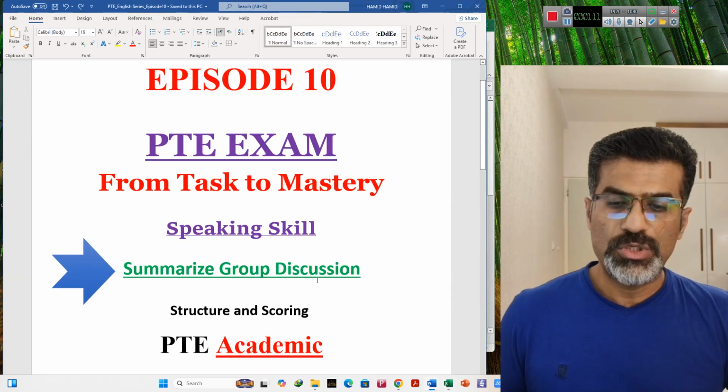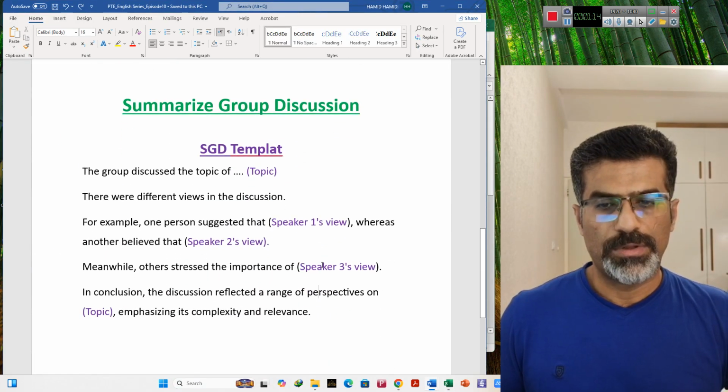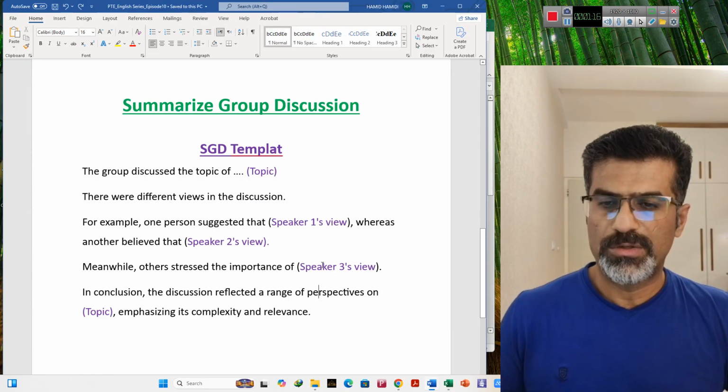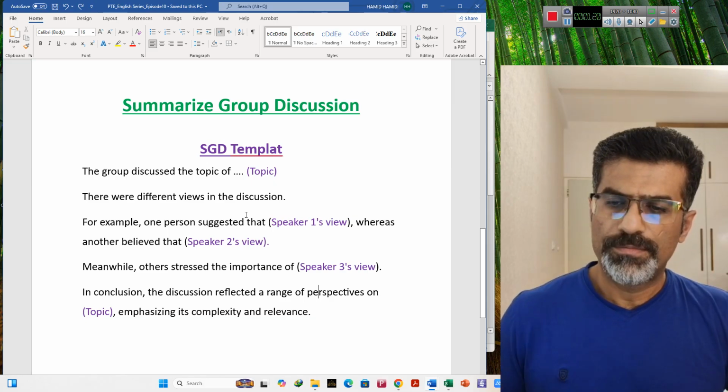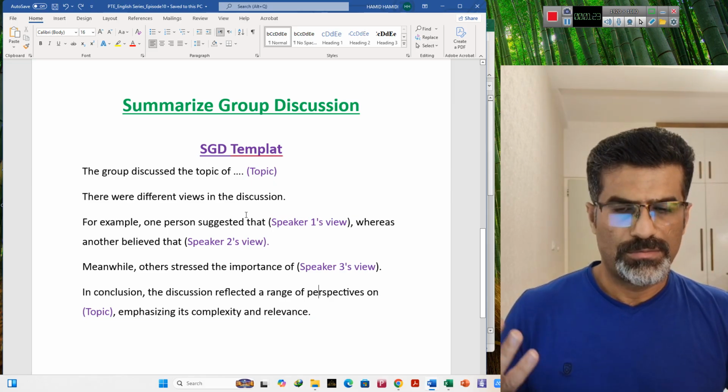At first, you need to memorize a template. So there's a template for the SGD task. The group discussed the topic of. There were different views in this discussion.